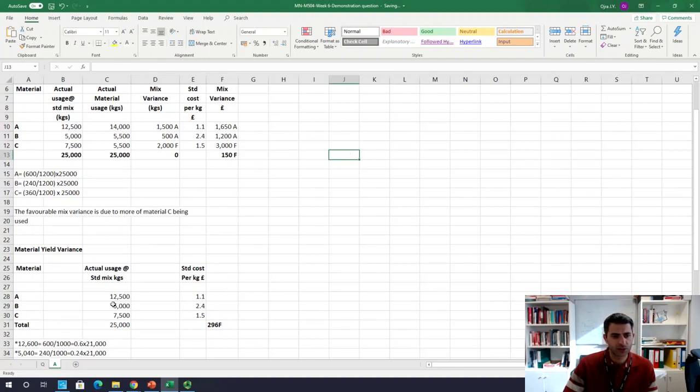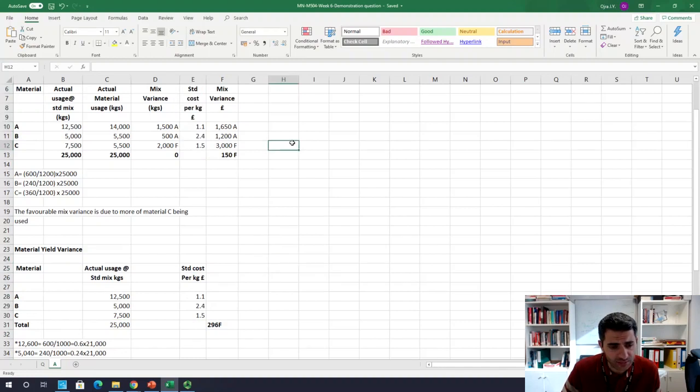So you can fill these 3 columns easily. We see material A, B, and C, and you've got the actual usage at the standard mix, which you can find from here. You just copy paste. And the standard cost per kilo is here, easy.